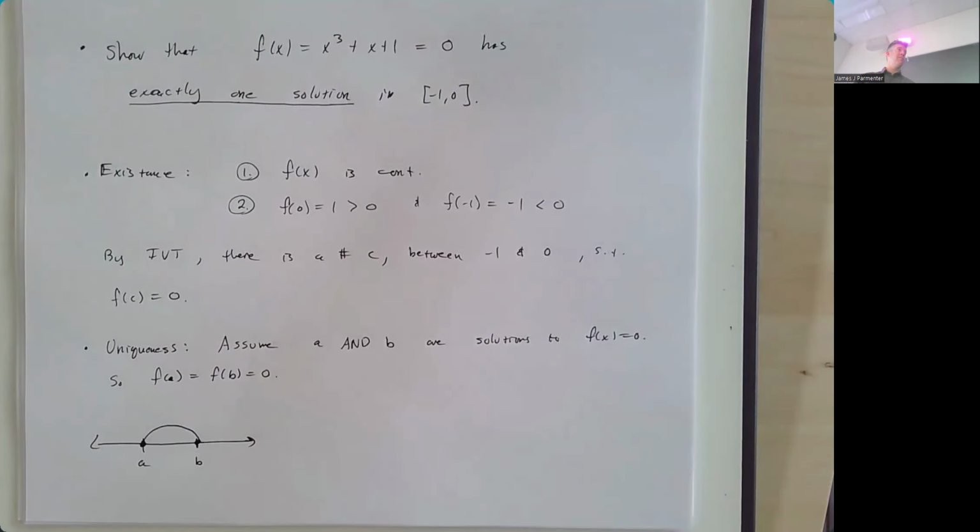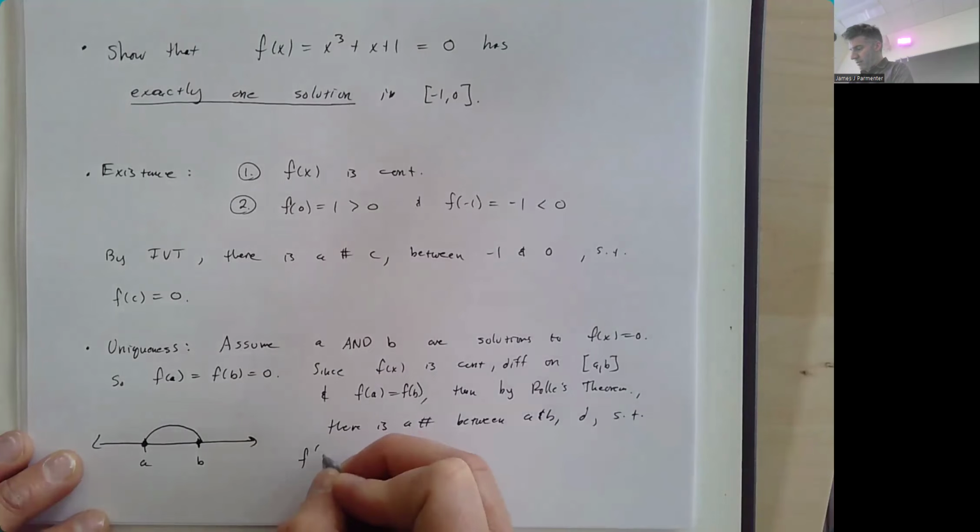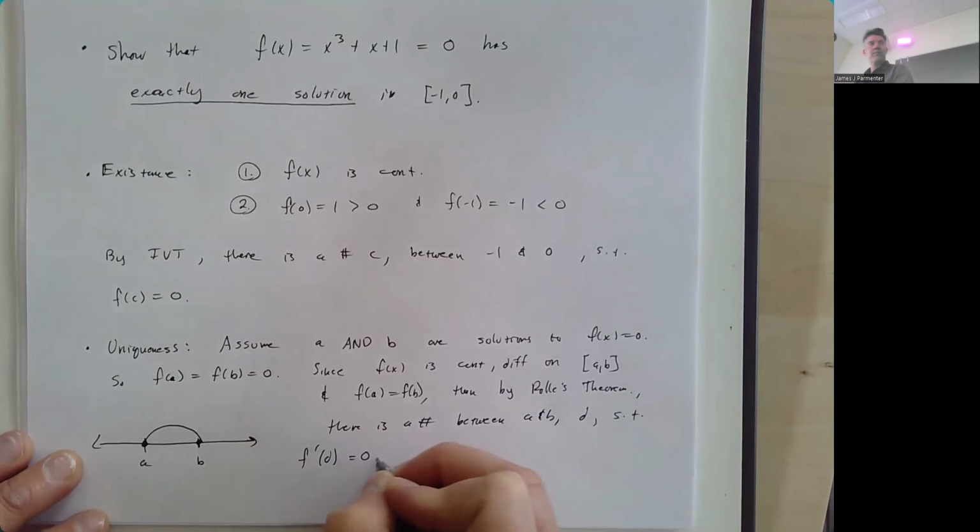Let's call it C. Sure, let's call it D, such that f prime of D is equal to 0.